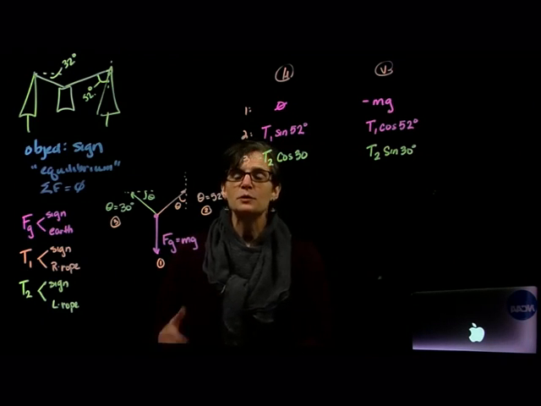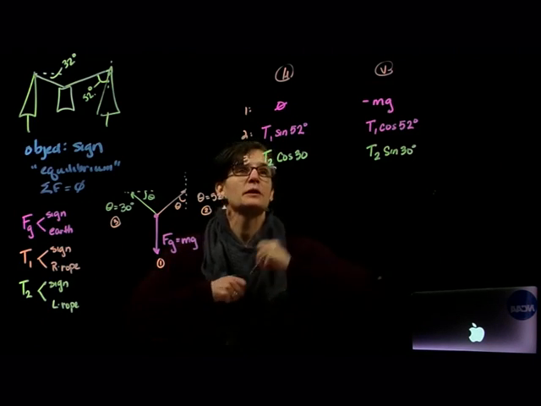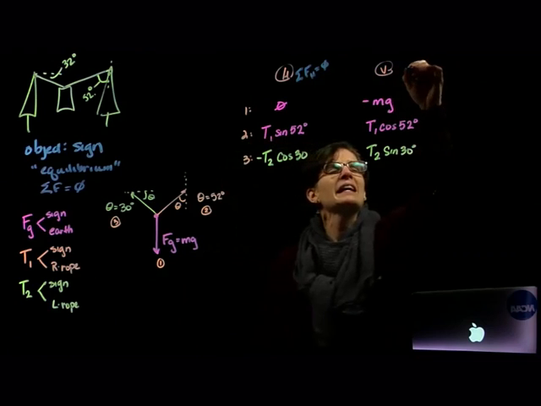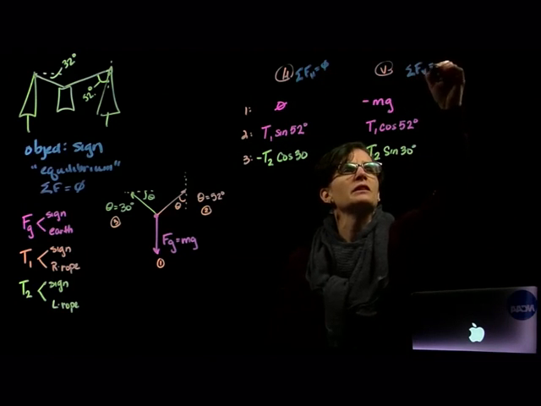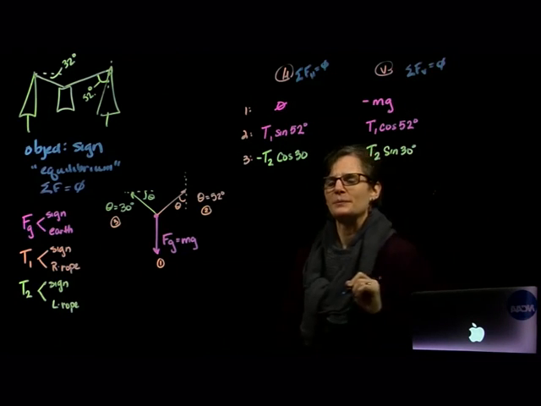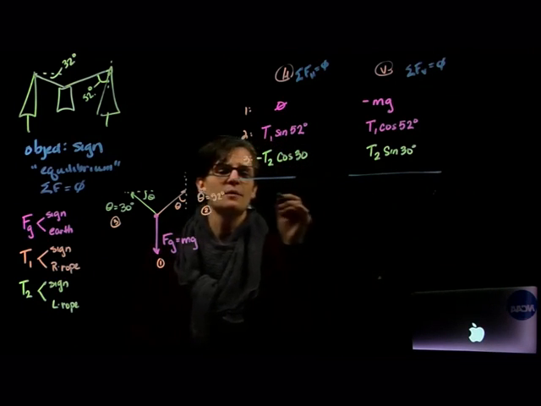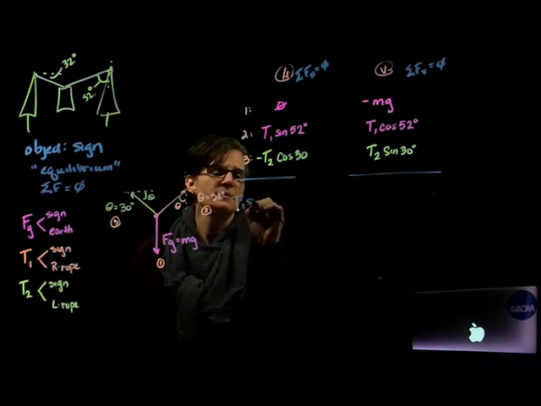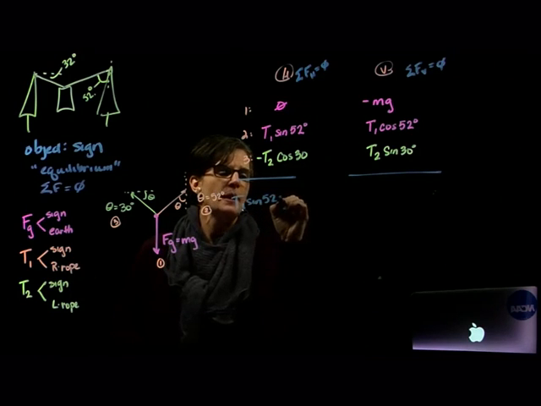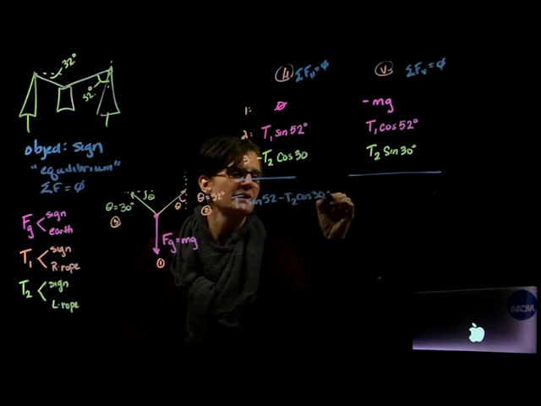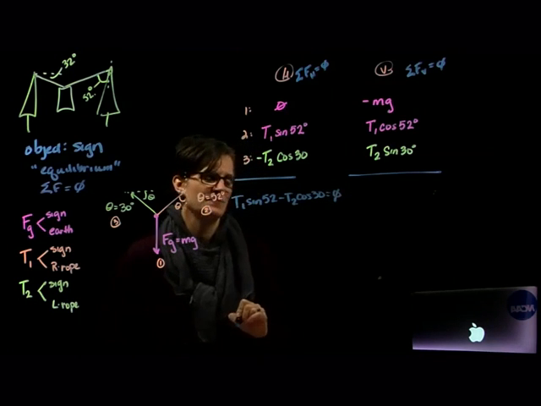Okay, well, we know that this object is in equilibrium. So the sum of the forces horizontal is equal to 0, and the sum of the forces vertical is equal to 0. So let's add these up, and we end up with T1 times the sine of 52 minus T2 times the cosine of 30 equals 0.